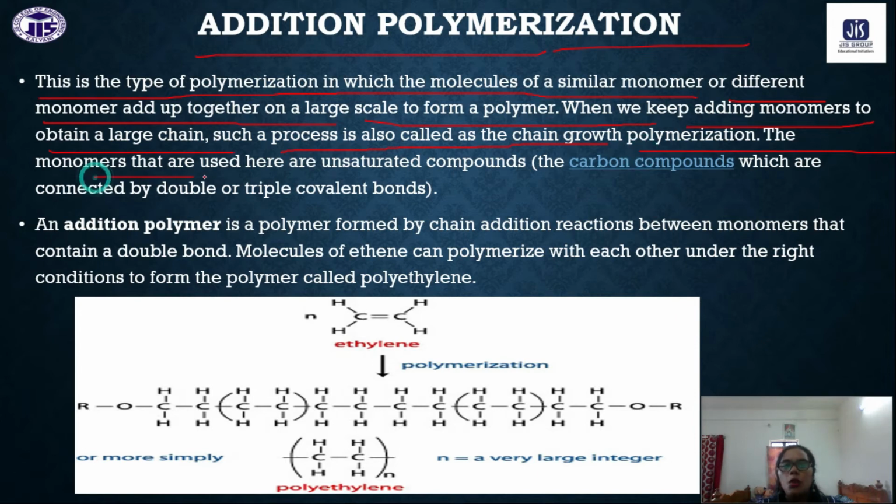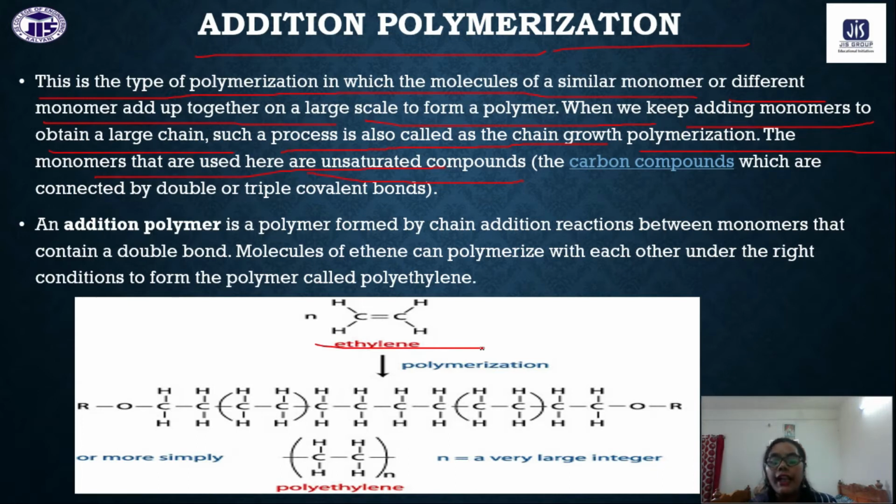Okay, the monomers that are used here are unsaturated compounds, exactly. So here you can see ethylene, styrene, propylene. All these have an unsaturated bond.